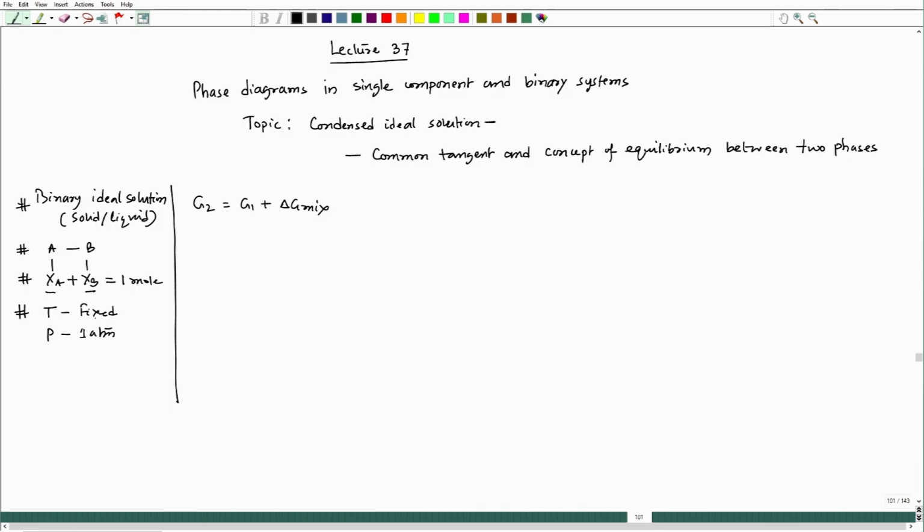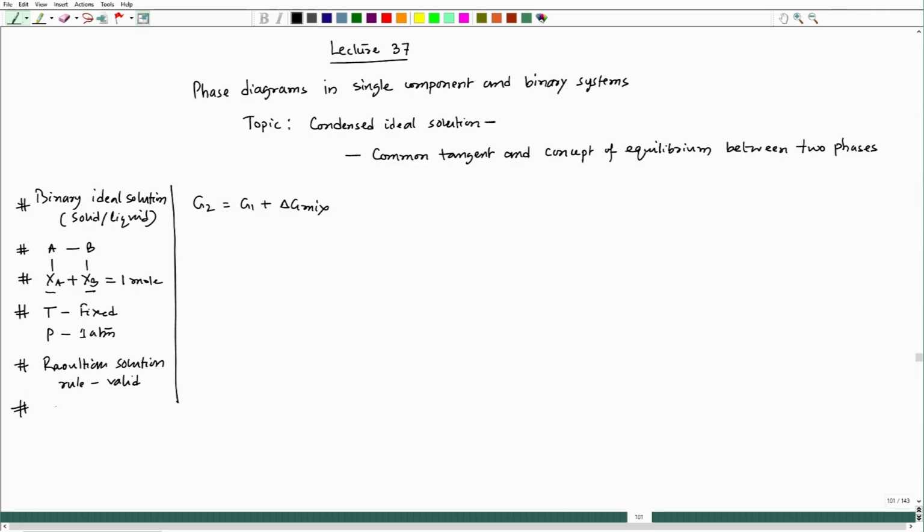Now, there are other things which are applicable. For example, Raoultian solution rule is valid. So, that means they have similar atomic size and they are soluble over the entire composition range, and also their bond energies, that means AA, BB as well as AB bonds, are same. Now, we can also put one more condition.